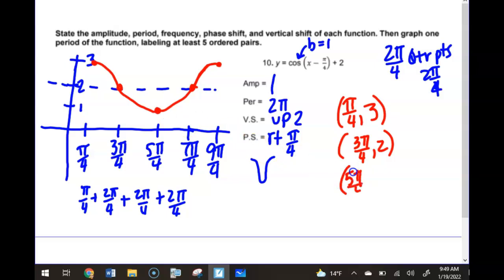Good job. Adrian, can you give me an ordered pair? Aiden, sorry. Either Aiden, go ahead. Two, right? Is that what you said? And other Aiden? All right.